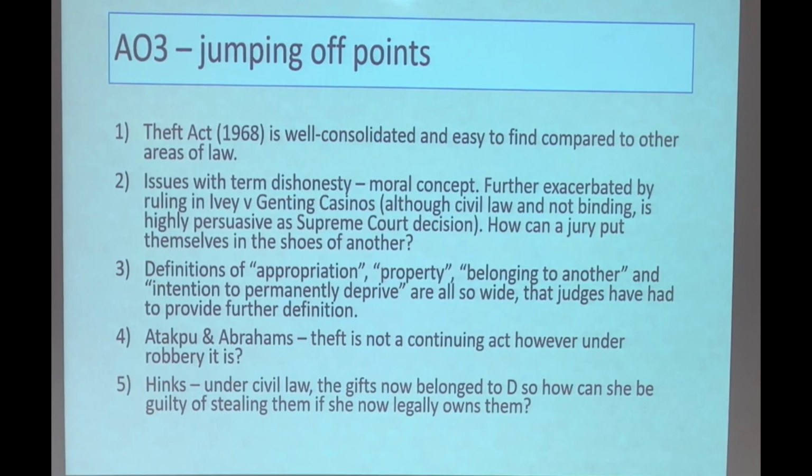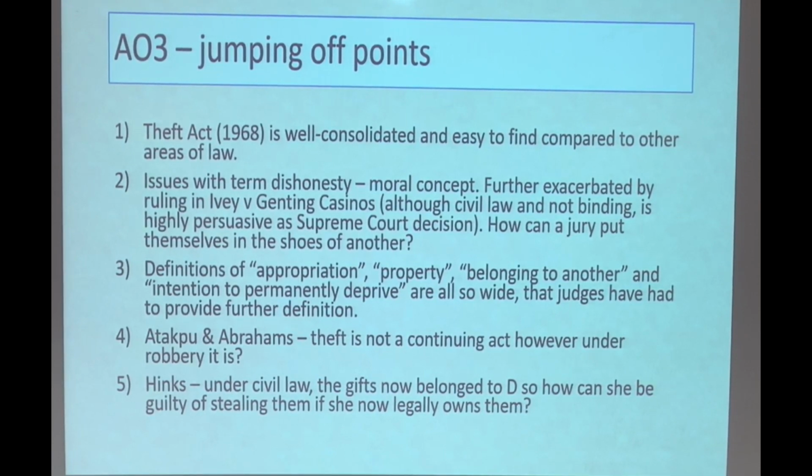Number 3, obviously the definitions of many of these sections are really wide and fairly vague. So appropriation, property, belonging to another, and intention to permanently deprive. In all of them, the judges have really had to step in and provide further definition because the statute isn't super clear. So appropriation, for instance, under the dictionary definition, means taking.